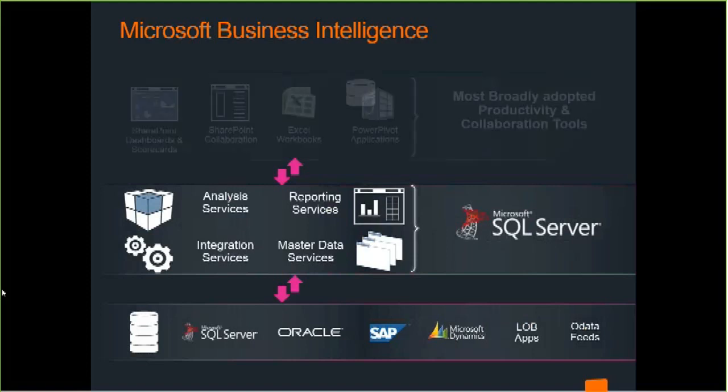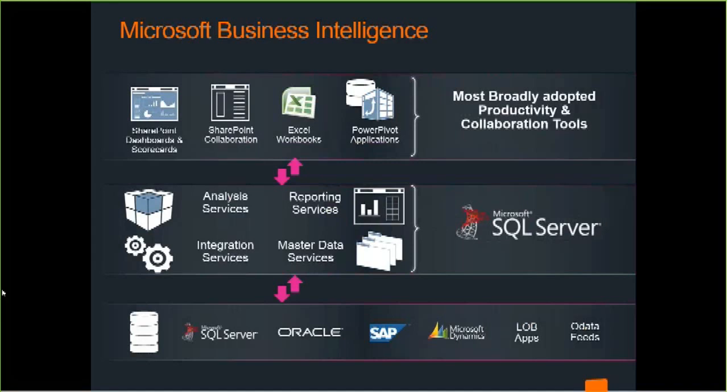The third is about tools that the end users use, whether it is Excel workbooks or Power Pivot solutions or SharePoint dashboards or scorecards. These capabilities are delivered through the productivity and collaboration tools that customers are most familiar with, and in most cases already have in use, which is Office and SharePoint.